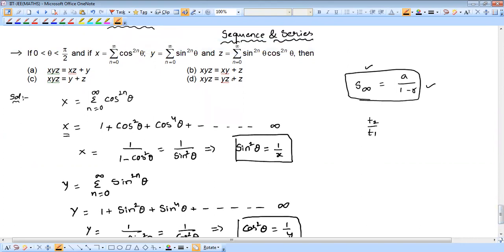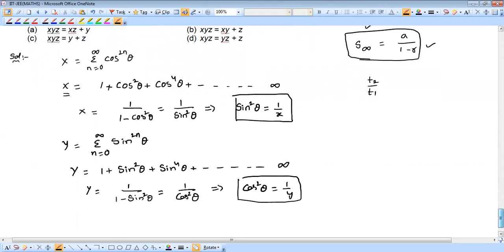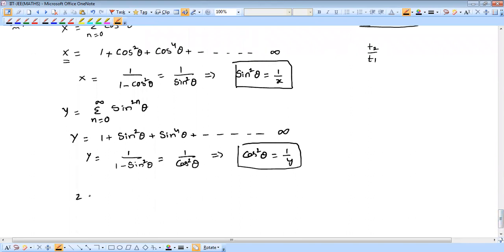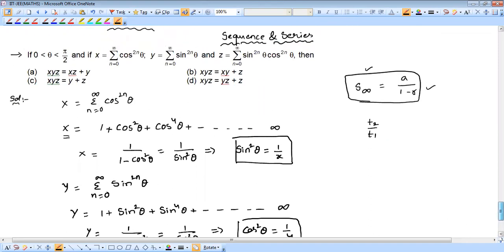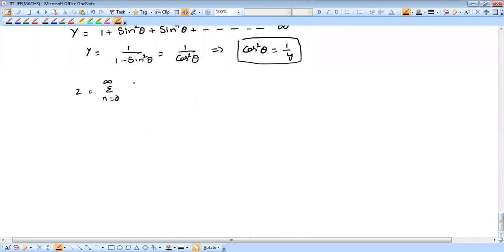Now, z is also given. z = Σ (n=0 to ∞) sin^(2n) θ cos^(2n) θ. Whatever method we have done above for x and y, the same thing we'll do for z also.